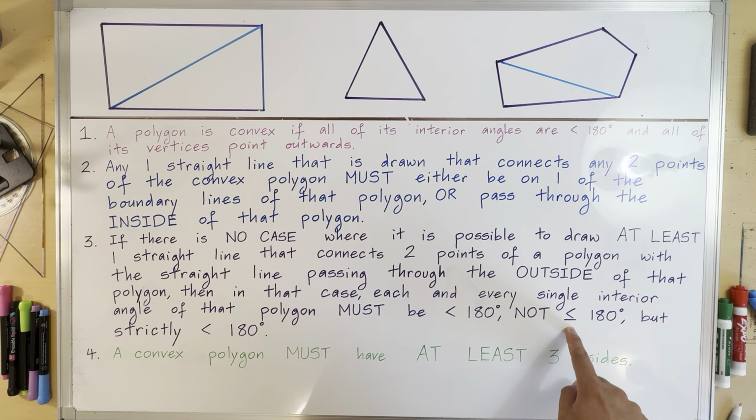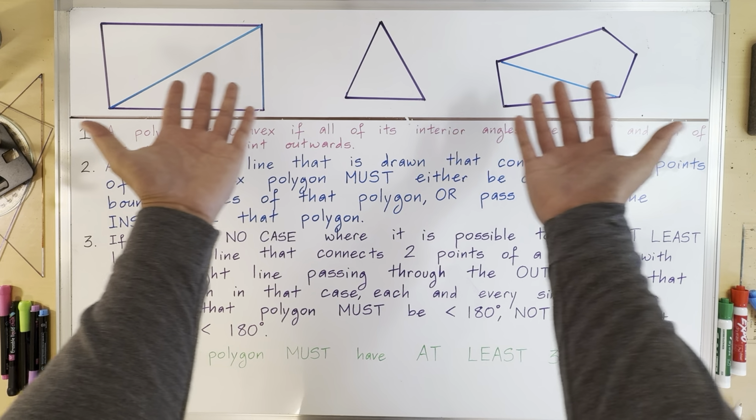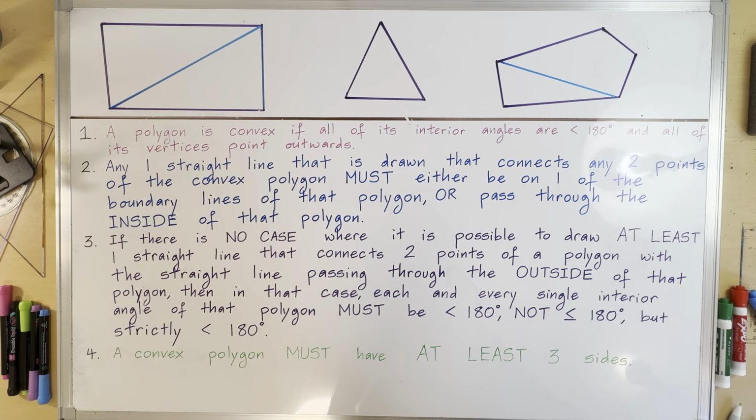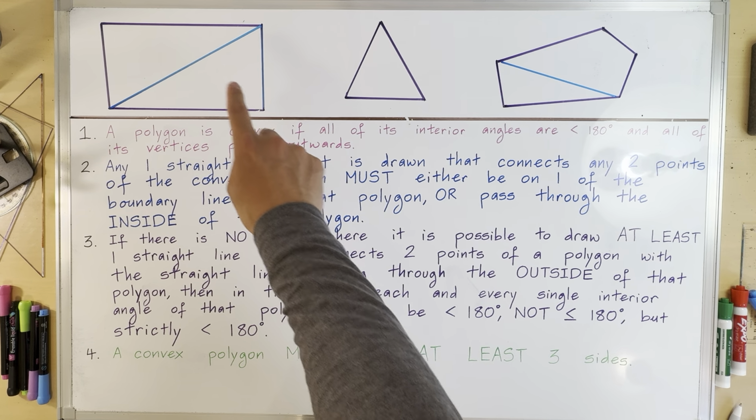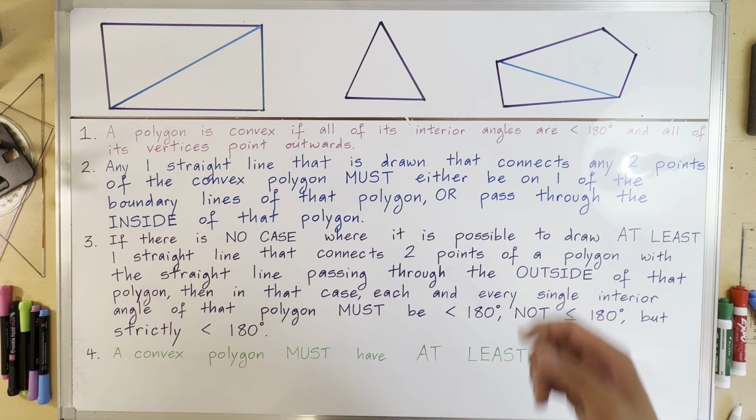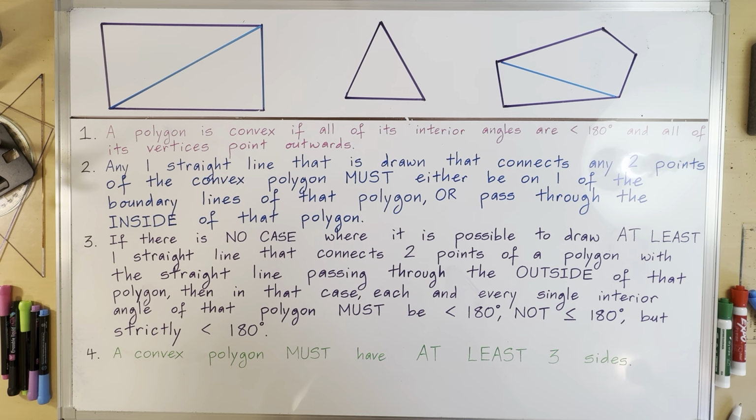Not less than or equal to 180 degrees, but strictly less than 180 degrees. So as you can see, for all 3 of these polygons right here, it is not possible to draw even one straight line that passes through the outside of the polygon. And for that reason, all 3 polygons right here have interior angles that are only less than 180 degrees.